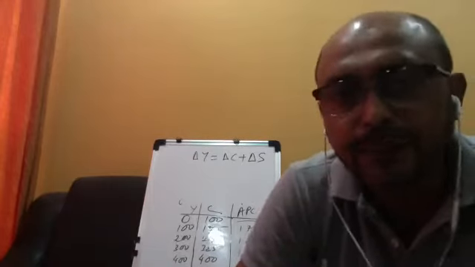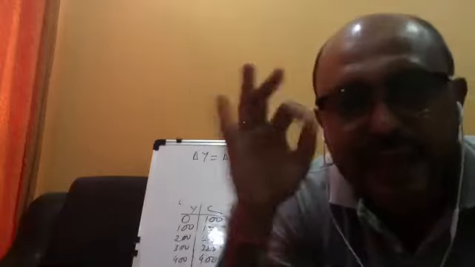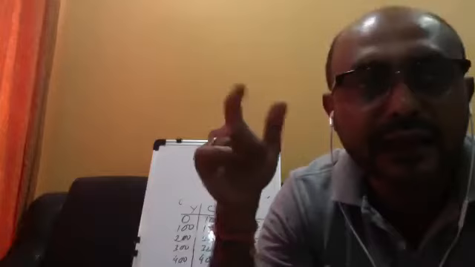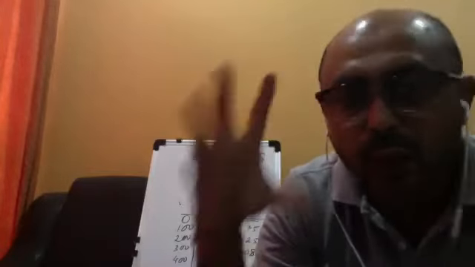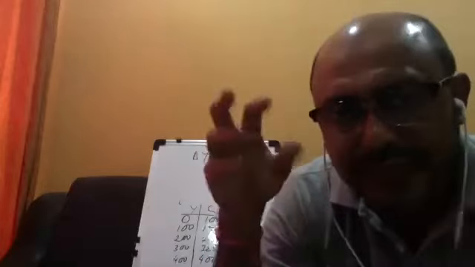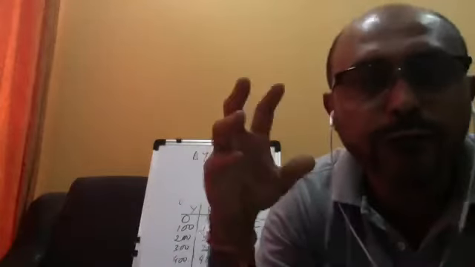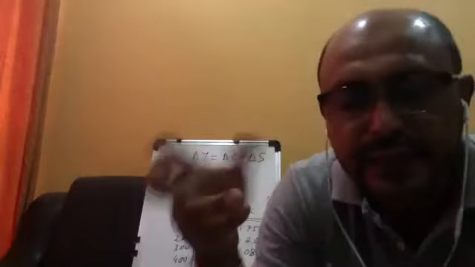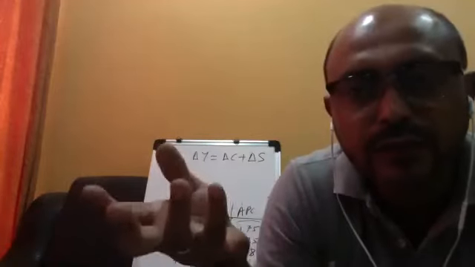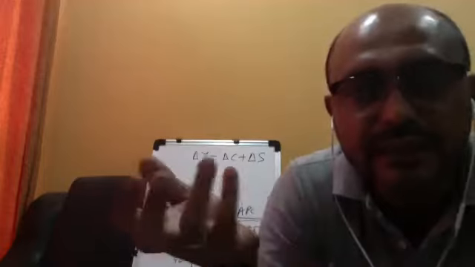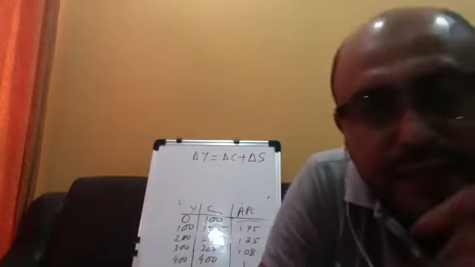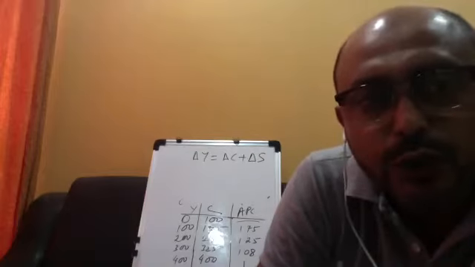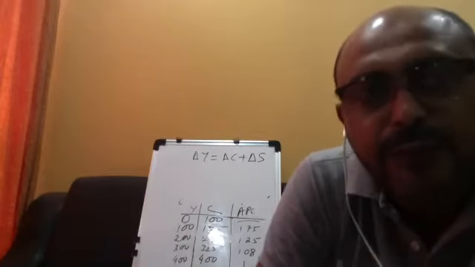But from that correlation we can always trace a line. That line is the consumption line, a linear relationship. So Kuznets actually proved Keynes' psychological law of consumption by time series analysis. So it is now a fact that when income increases, marginal propensity to consume remains constant and average propensity to consume decreases.